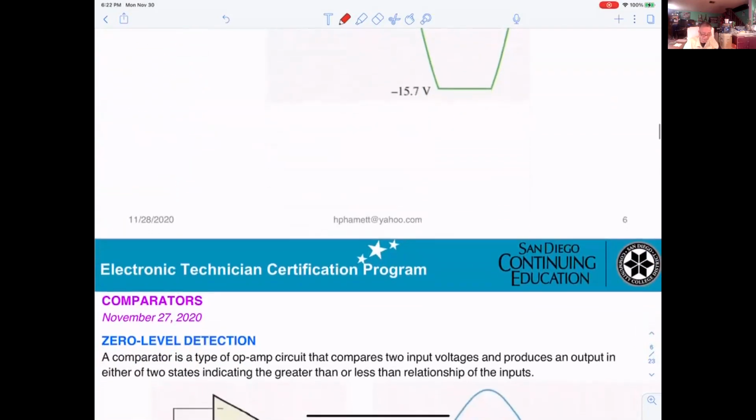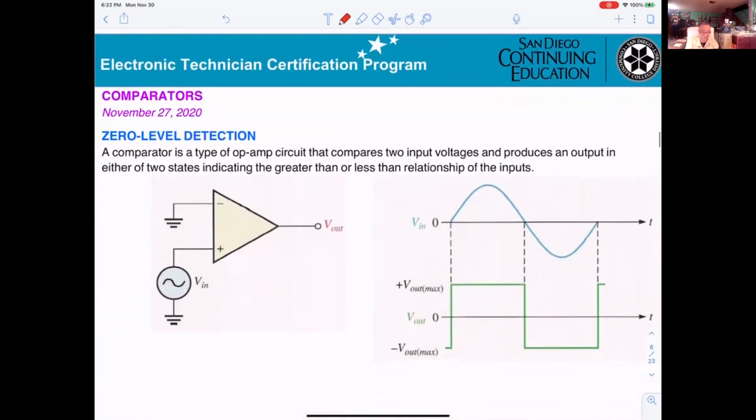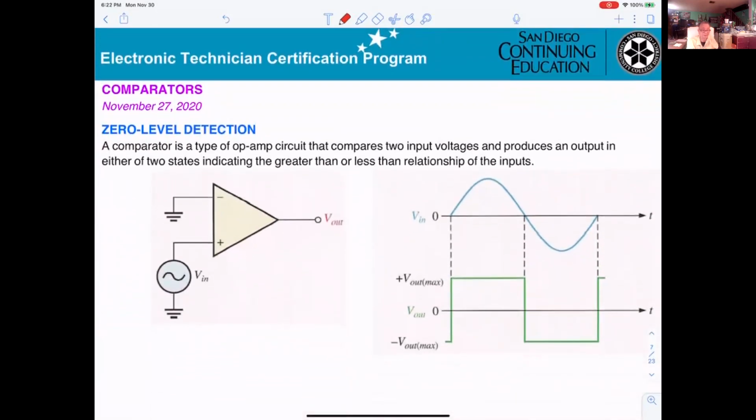Okay, what else? Comparator. Okay, comparator, basically they compare between the positive input and the negative input of the op-amp to see which one will be higher.